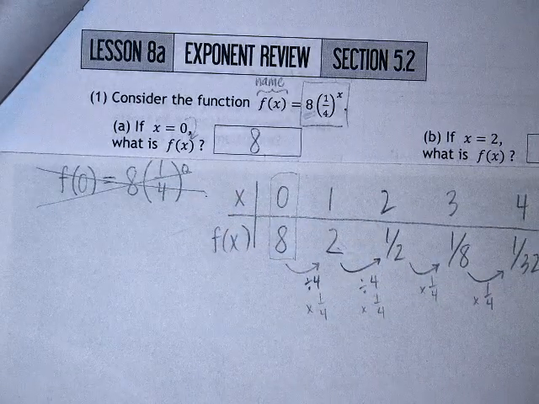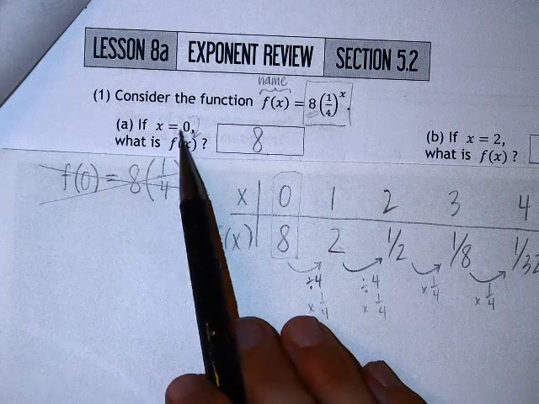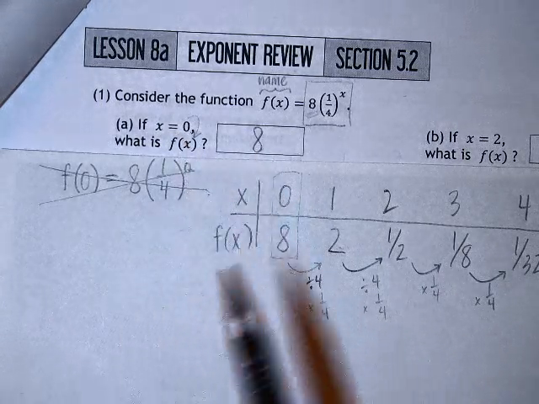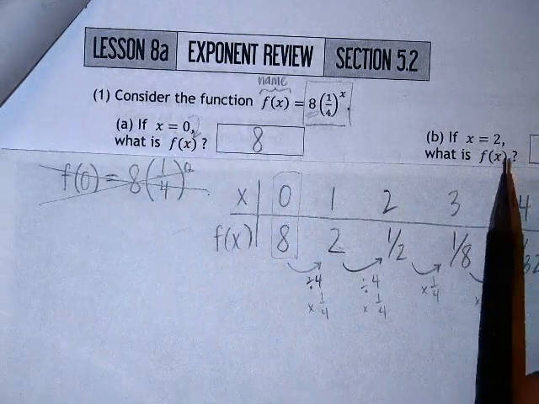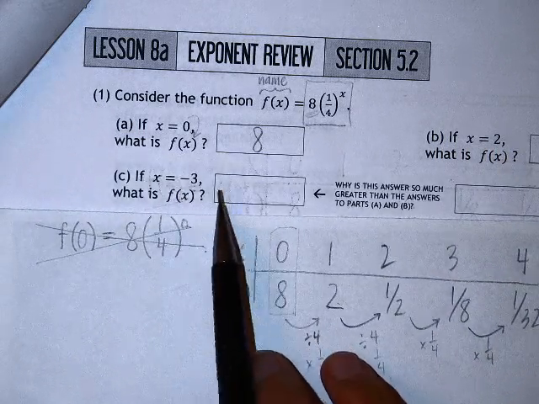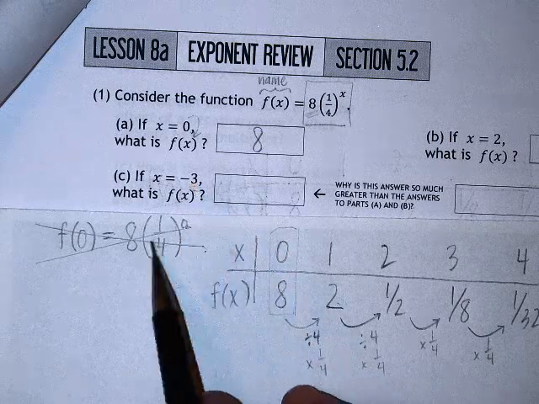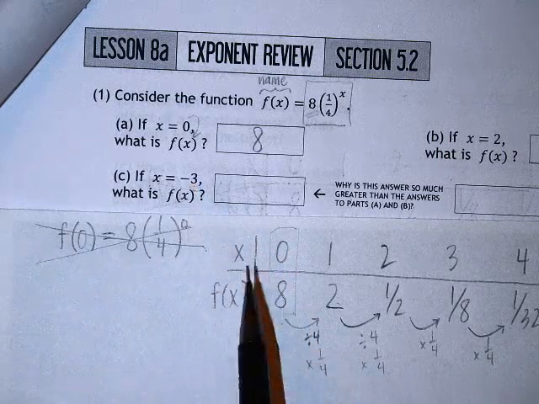I could, I just don't have to. This is basically saying, go to the 0 term in the table and tell me what's there. Letter B is saying, go to the second term in the table. Letter C is saying, what if you went backwards in the table, to the negative third term? What would be there?